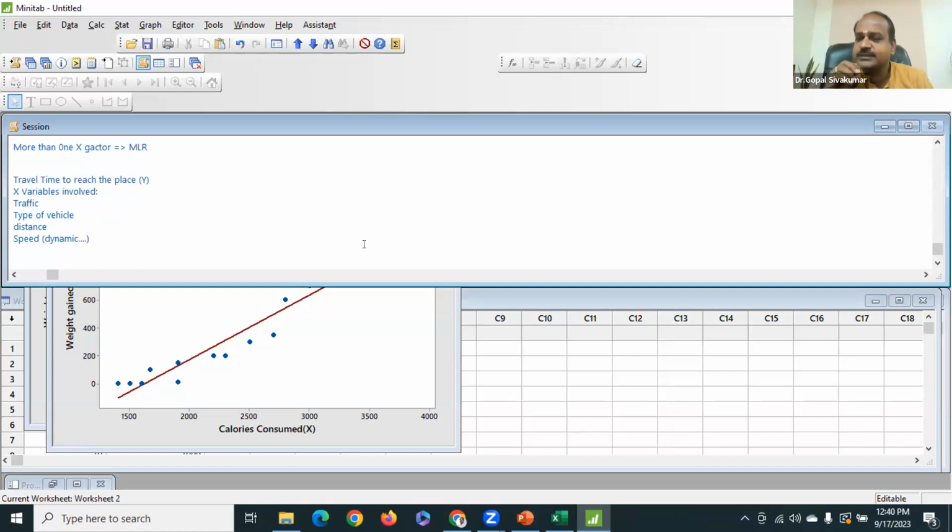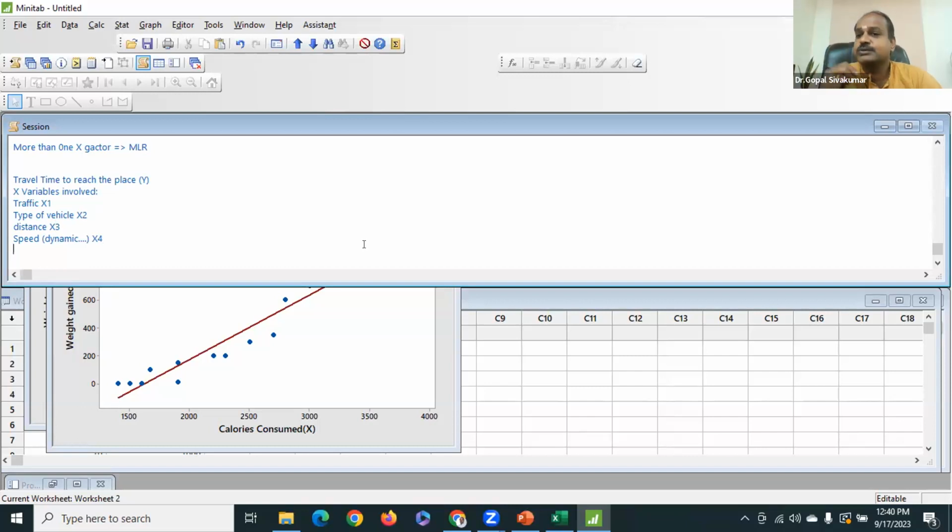These four factors, do you think are enough to judge correctly? Sufficiently. Very good. So this is your x1, this is your x2, this is your x3, and finally, this is your x4.